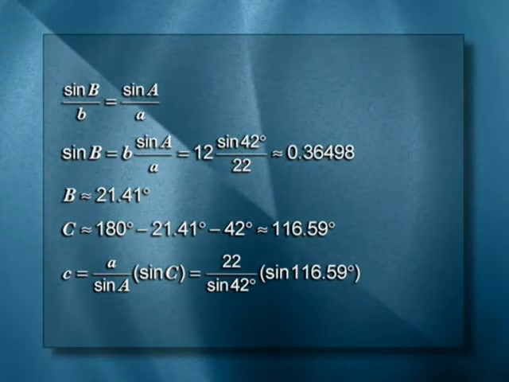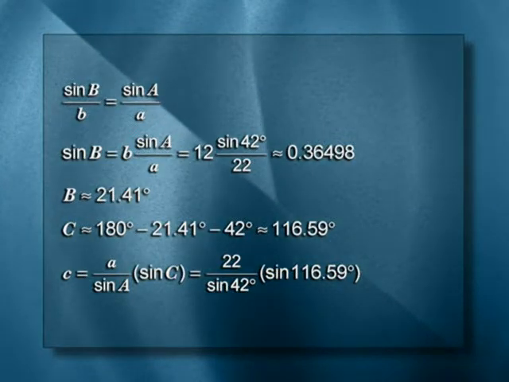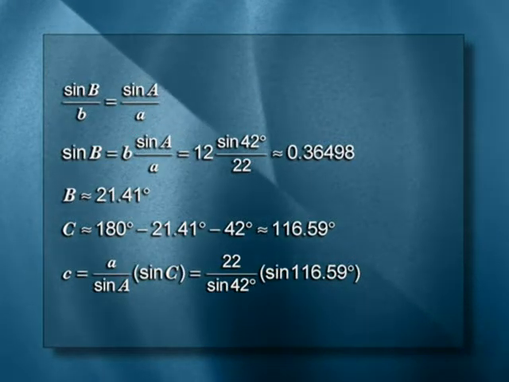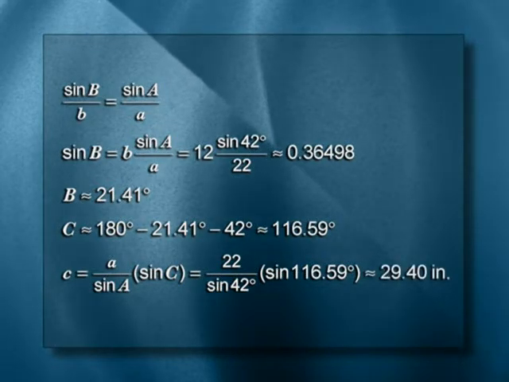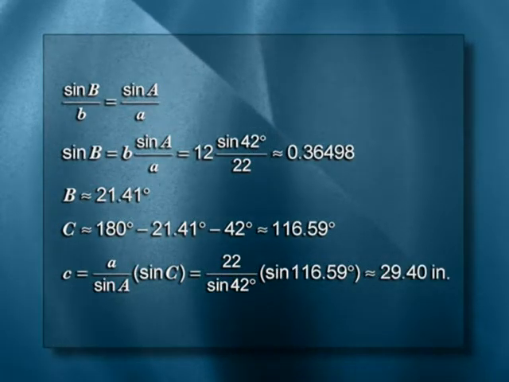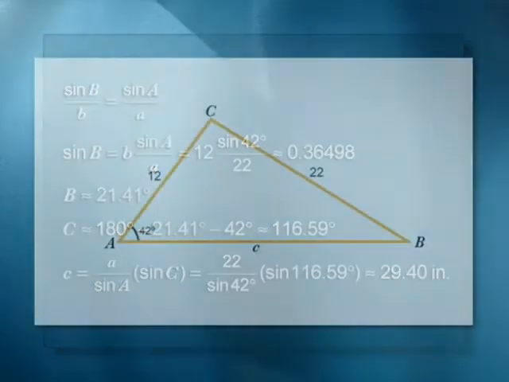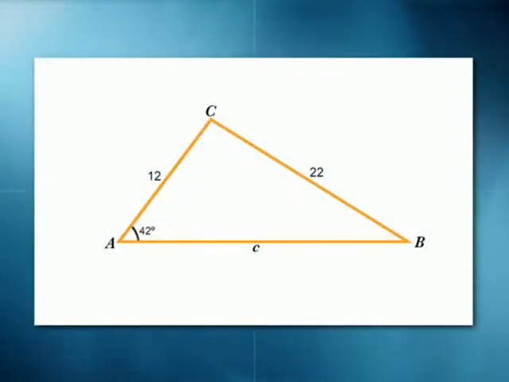I think you're getting the picture. 22 divided by sine 42 times sine of 116.59, and that yields about 29.40. So you see in the picture again, C is the largest angle, and the side opposite, of course, is the largest.